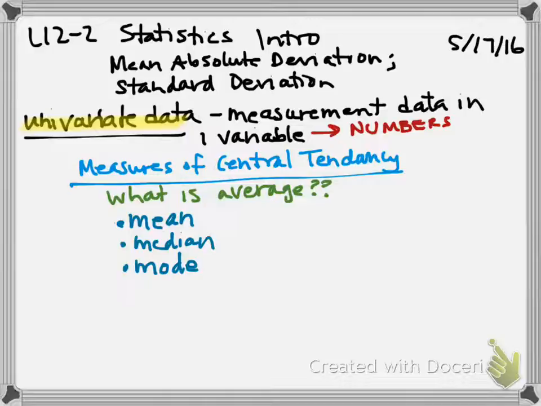So the problem with measures of central tendency is you can all encapsulate them under one word called average. And when you read in magazine articles or newspaper articles and they talk about the average salary, the average American, you don't know which of these central tendencies they're using, and it can be very, very misleading.